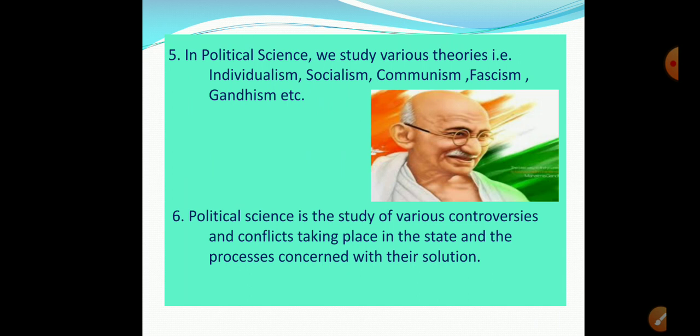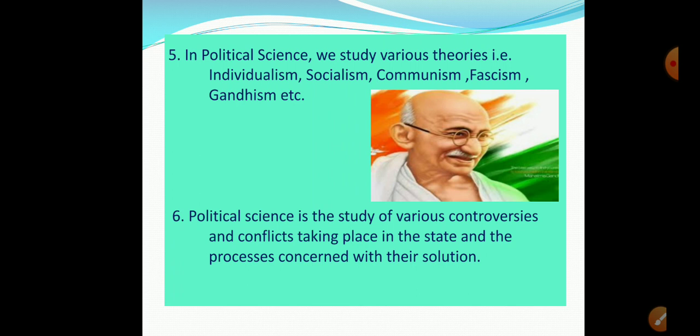So these ideologies are studied, and they basically give knowledge about the way different countries operate, what sort of planning they follow and what kind of ideologies they opt for.